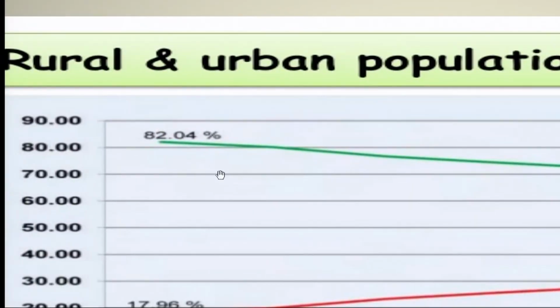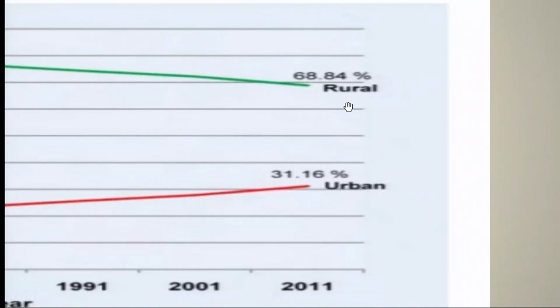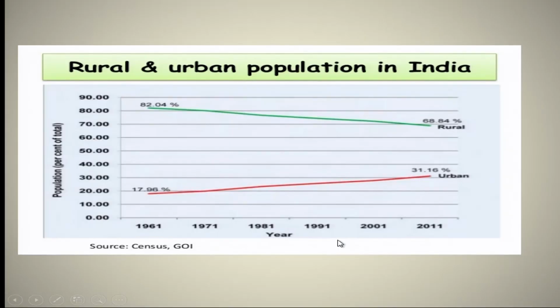And in the case of rural, it is 82.0% and it is decreased to 66.84%. That is because people in the rural areas try to move away to the urban areas. So there is a decrease in population in the rural areas and an increase in population in the urban areas. That's what this graph is trying to portray.